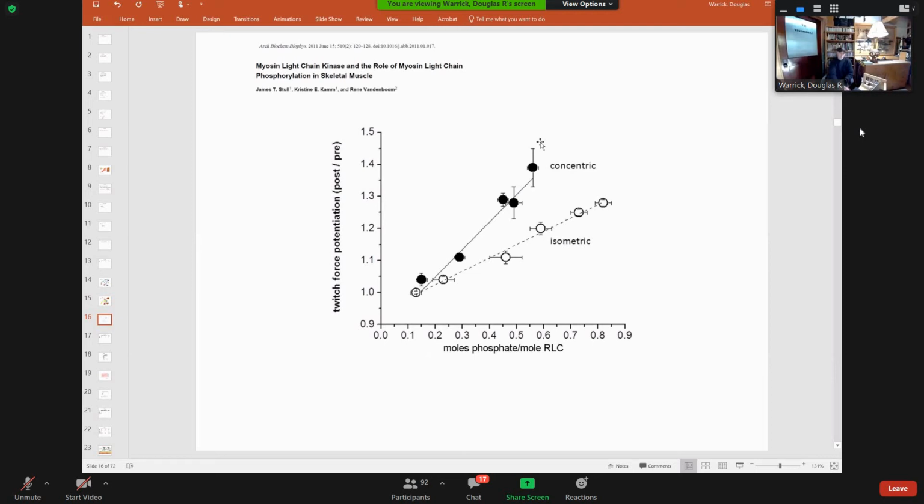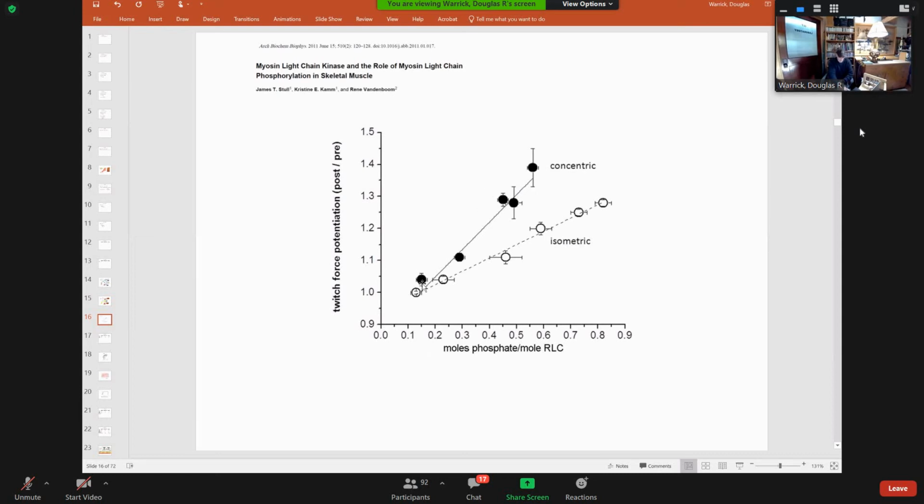So here's two contractions. An isometric contraction and a regular old muscle shortening concentric contraction, in a muscle cell with moles of phosphate added to regulatory light chains. And so as you increase the moles of phosphate for every regulatory light chain, these myosin heads are producing, geez, it goes from down here, that's like 40% more force.